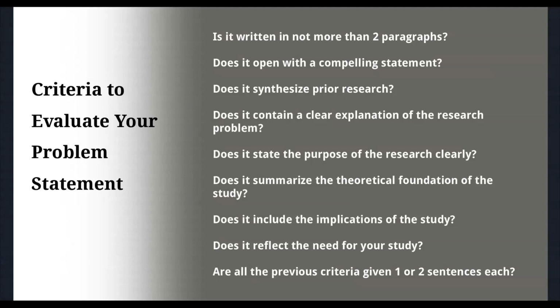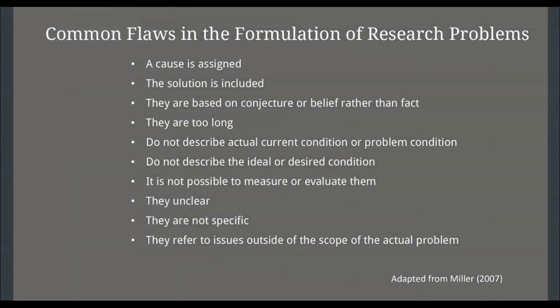And now you will see something that happens to students who are not clear enough before writing their problem statement. And here you have the most common mistakes students make when writing a problem statement. The first two mistakes, a cause is assigned and the solution is included, make a study biased.